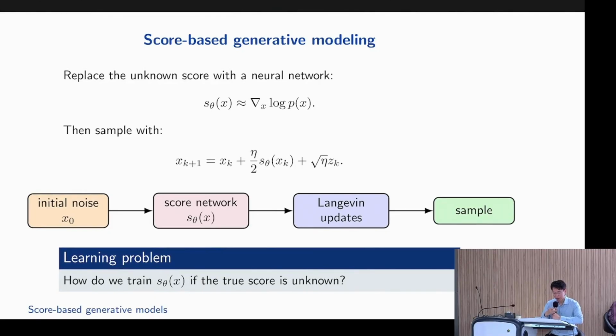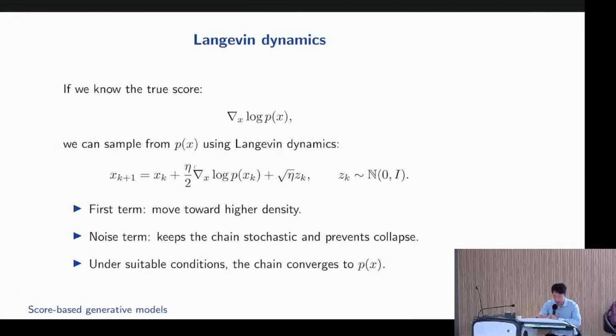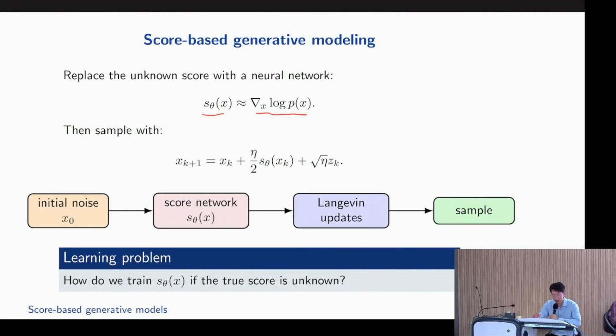So we want to replace this unknown guy with a neural network and just plug in S theta here, and that's going to be our sampling formula. So you randomly initialize noise x0 and pass it through the score network and apply Langevin dynamics, and then if you repeat this multiple steps, you'll be able to sample from the distribution P of x.